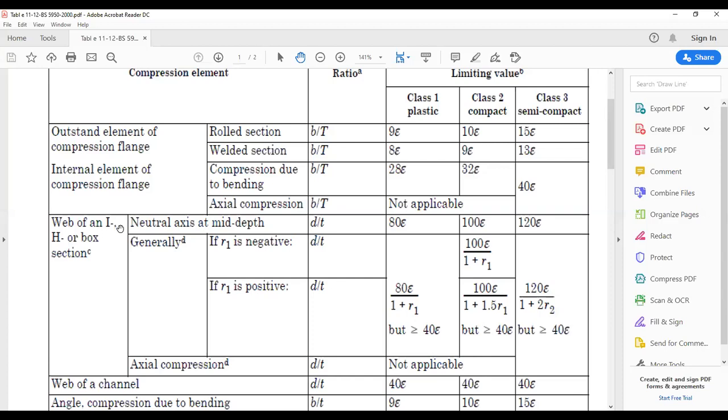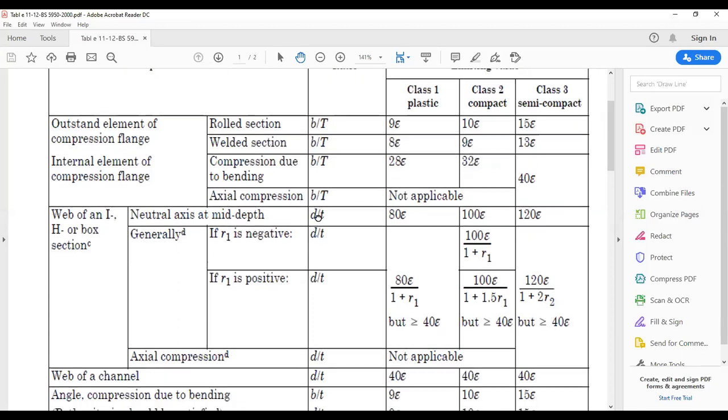So if we classify a beam section, we shall consider that the neutral axis is at the mid depth. Now, if the neutral axis is at the mid depth, then we define the depth of the web divided by the thickness of the web. Small t here stands for the thickness of the web.